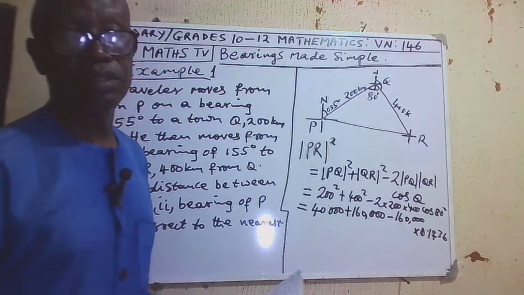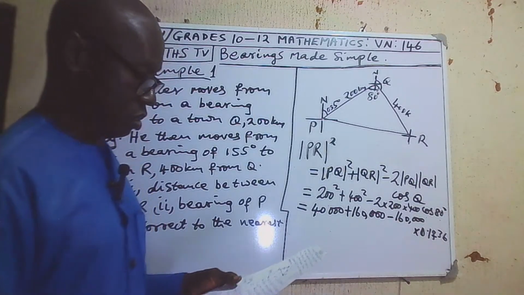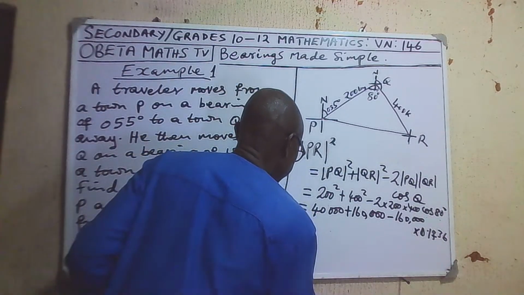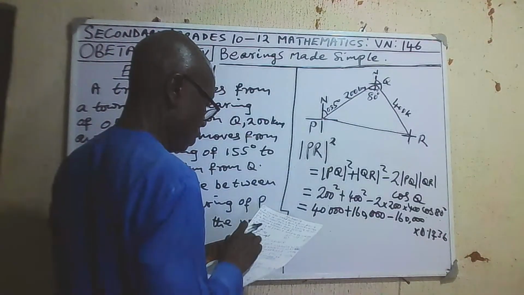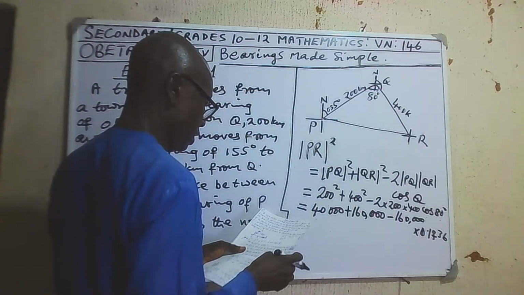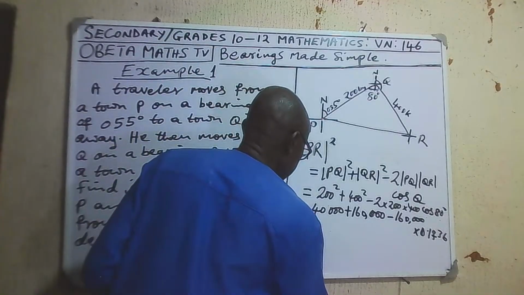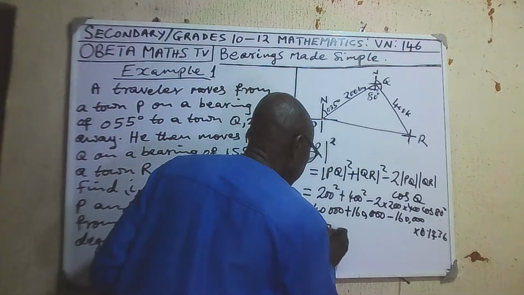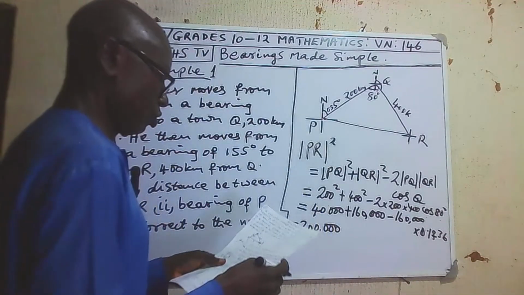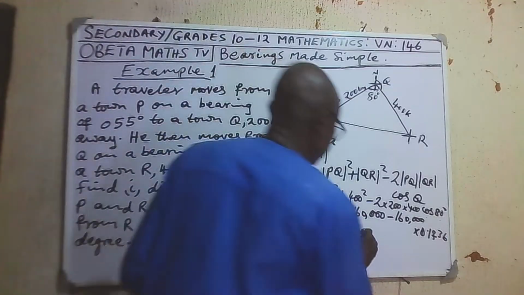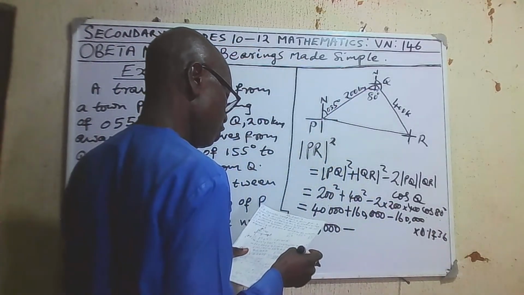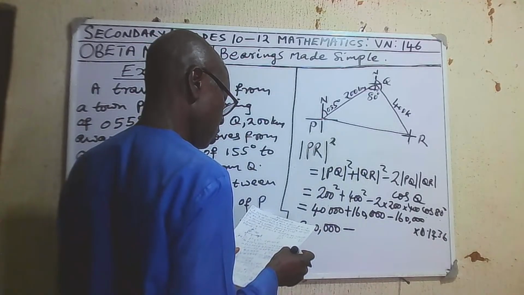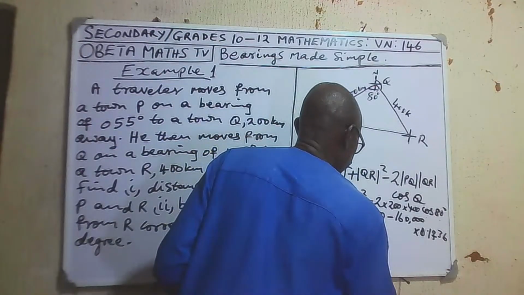1736. So in order to continue, we have that, which will give us, when you add these two, 200,000. 200,000 minus, multiply this, and that will give us 27784.